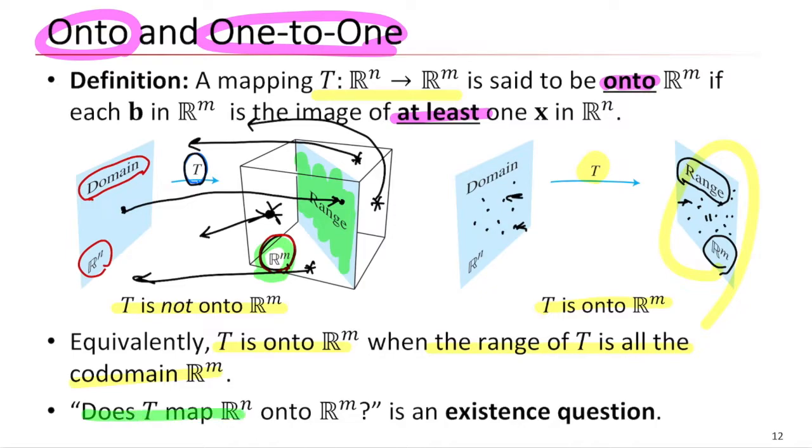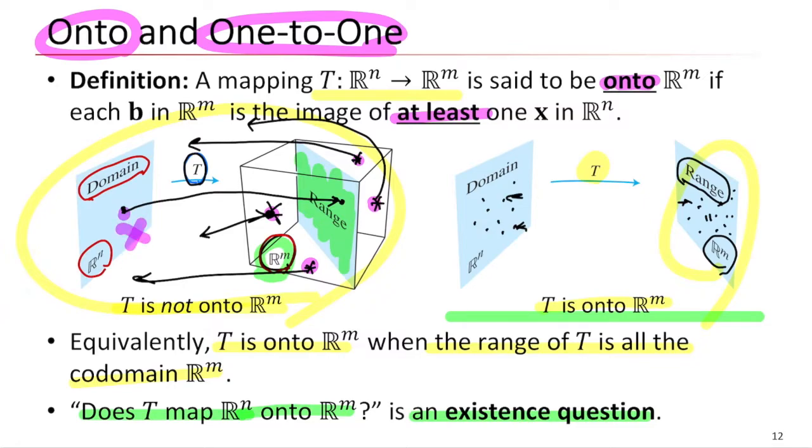In other words, whether T maps Rn onto Rm is related to the existence question. In this case, the solution always exists, right? But what about this? For some points there is no solution. There is no vector x that satisfies Ax equals b.